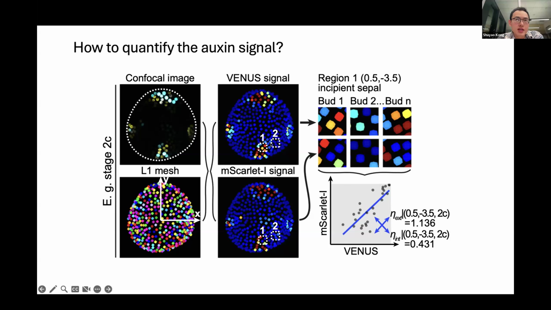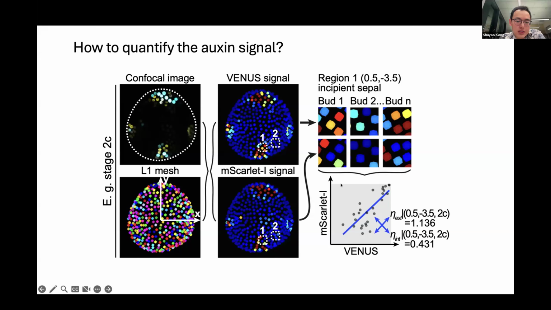The CSV file contains the positional information of where each nucleus is, and also how much Venus signal and how much mScarlet signal it has. From the CSV file, we could do downstream processing, for example calculating the agreement versus the divergence between the Venus and mScarlet channels, and calculate the molecular noise. That was a brief walkthrough of how this signal was quantified.